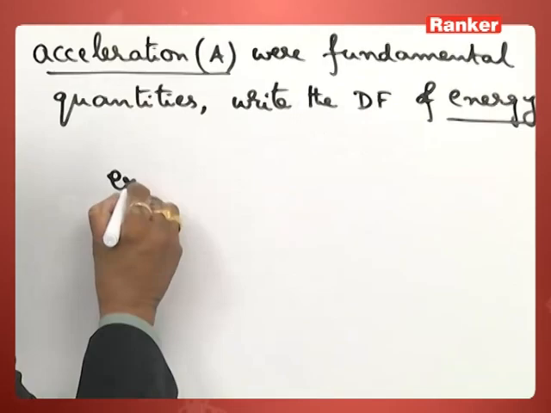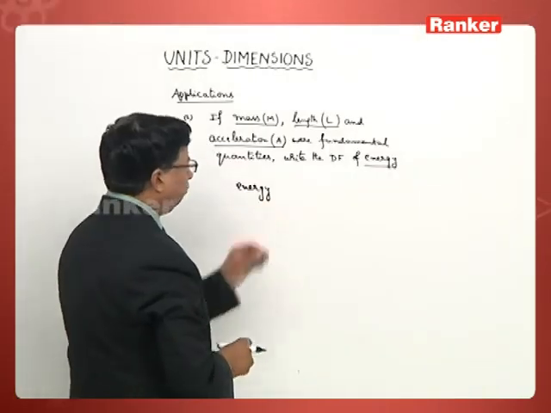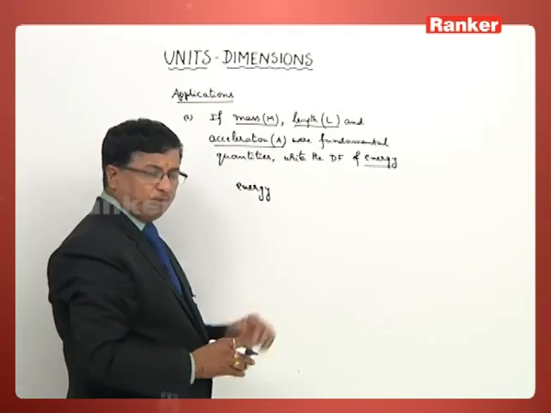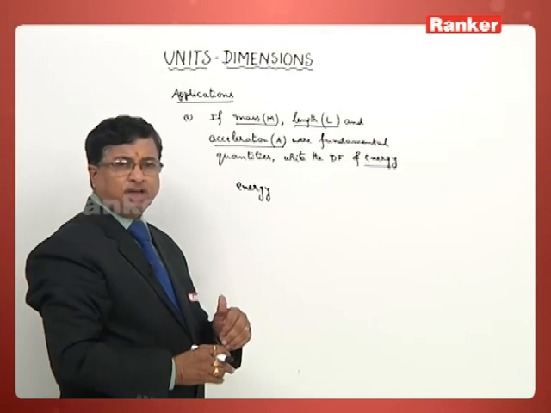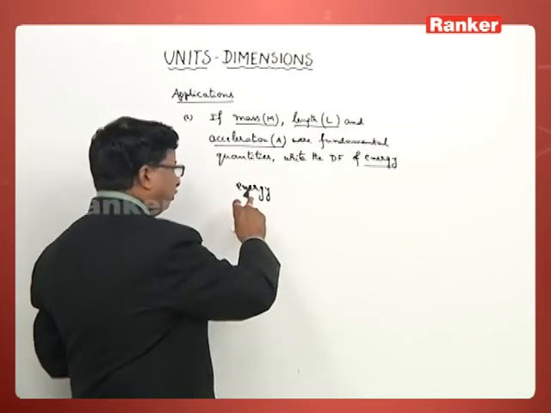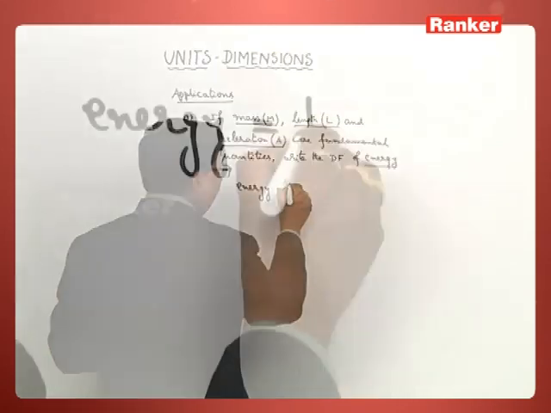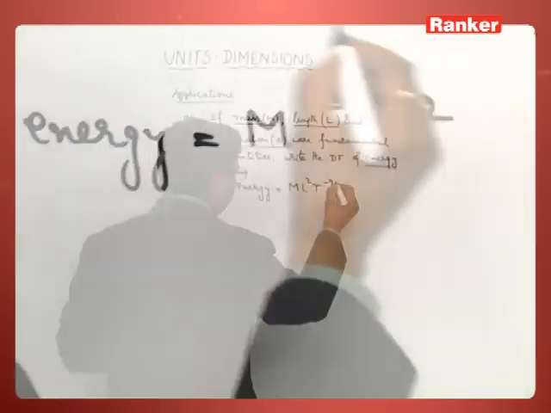So, when you take these 3, energy is the one I want. In reality, this can be worked out in 2 ways. One is a direct method. If you can adopt that method, you can go ahead with it. Otherwise, the second one is a calculation method. Now, let us check the first one. Energy has the dimensional formula M L square T power minus 2.